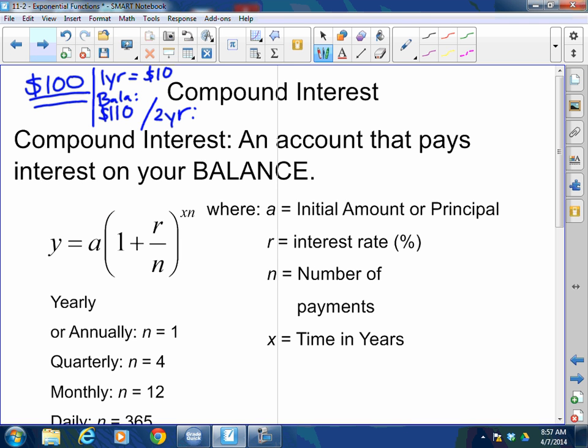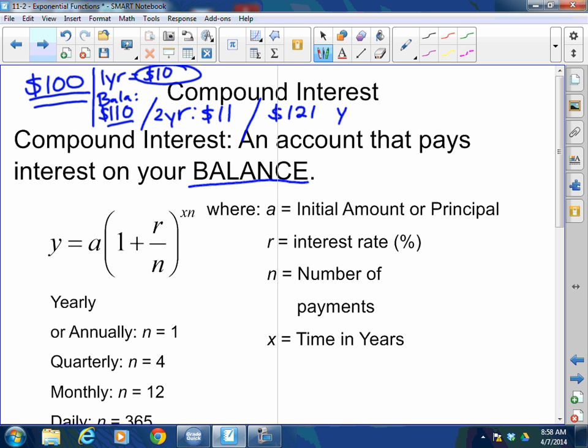Year one, you're still going to get paid $10, right? But now year two, compound interest pays on the balance. Now you're getting 10% of $110. So year two, you'll have $11, right? Now your new balance is $121.